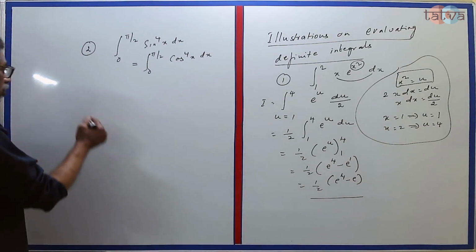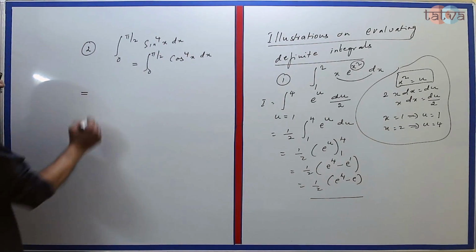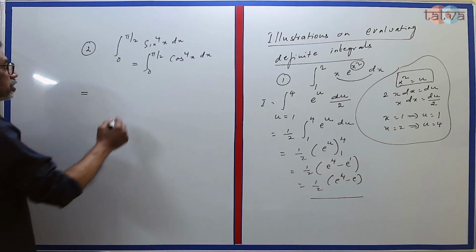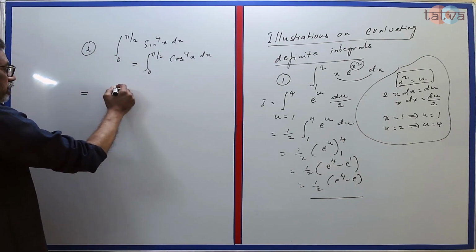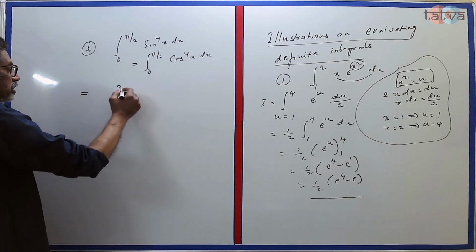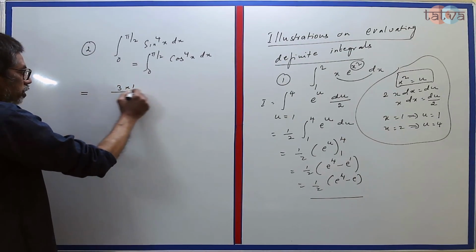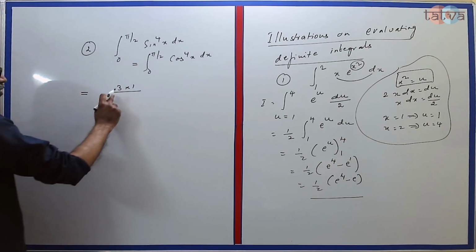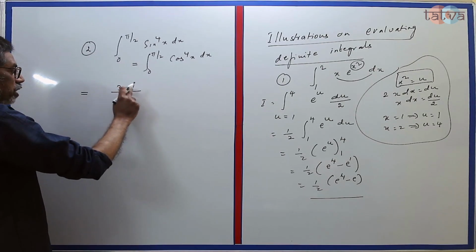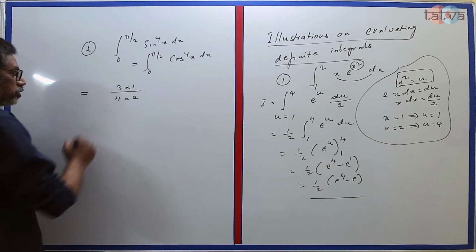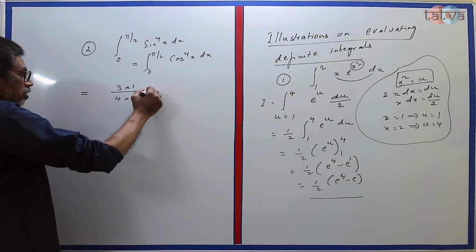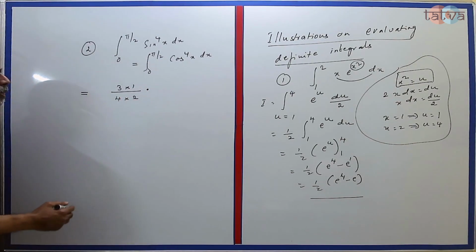So without having to do both of them separately, we can directly use the principle. If you recall the principle that was explained earlier, both of them produce the same result, which can be written like this. There is a numerator having 3 multiplied by 1 and the denominator 4 multiplied by 2 multiplied by something else.